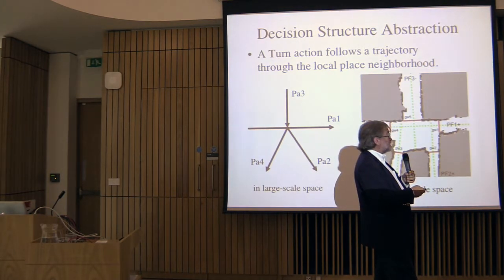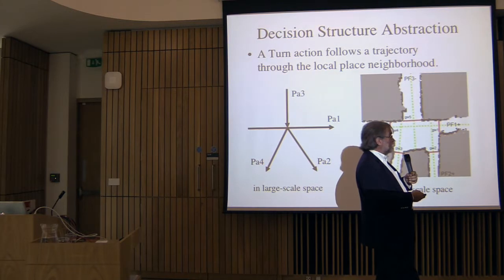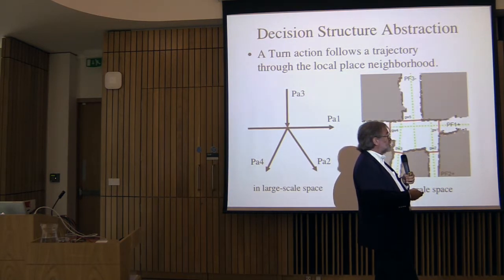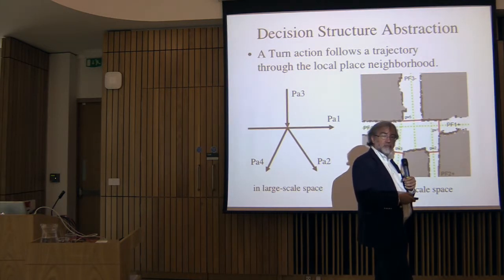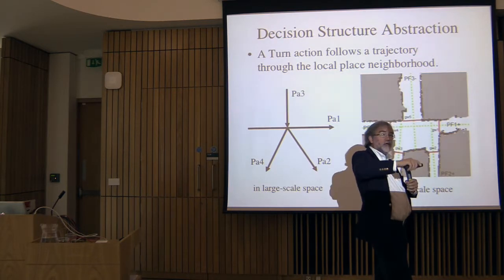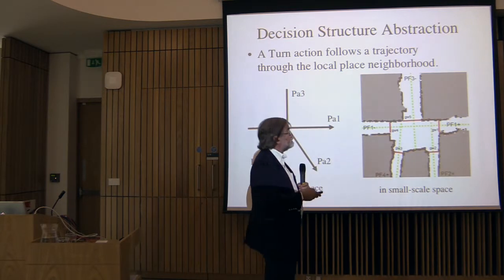That translates in small scale space into coming into this gateway and then departing at this gateway. So what is described as a simple reorientation in large scale space actually is going to translate into a trajectory through that place neighborhood in small scale space. So we have to be able to go back and forth up and down this abstraction hierarchy, and this allows us to do that.